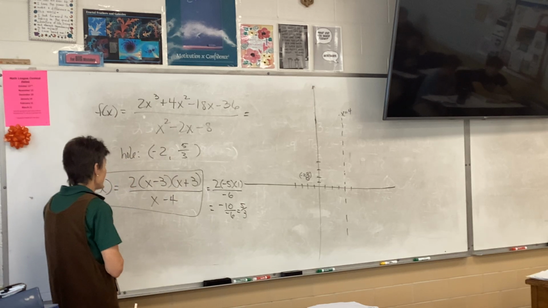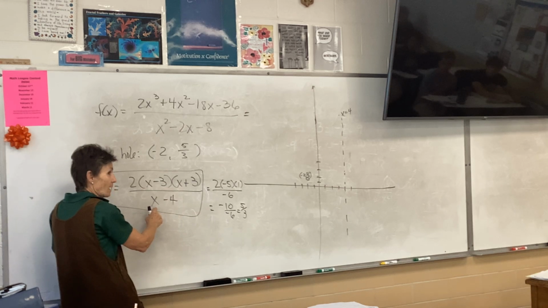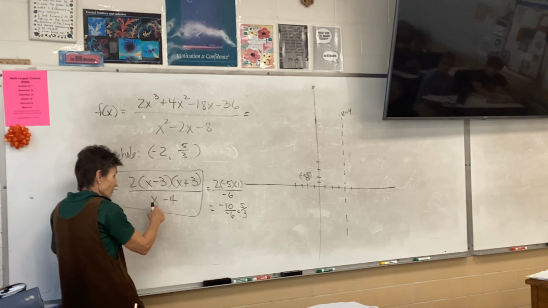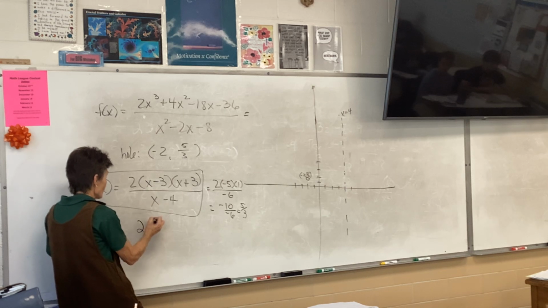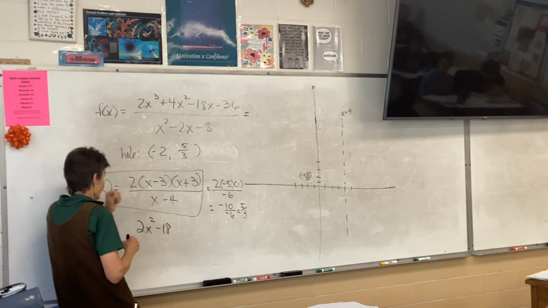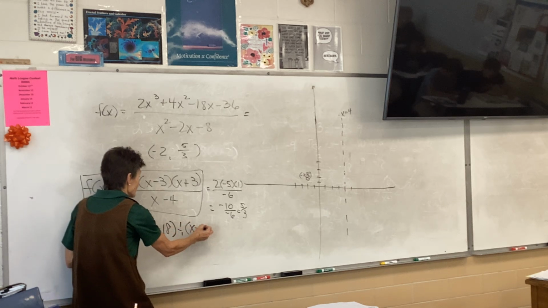I'm gonna divide my numerator by my denominator. This numerator by this denominator. So that's going to be 2x squared minus 18 divided by x minus 4.